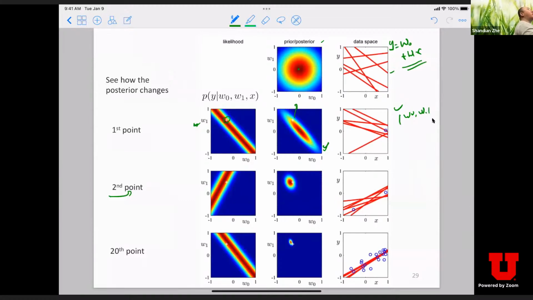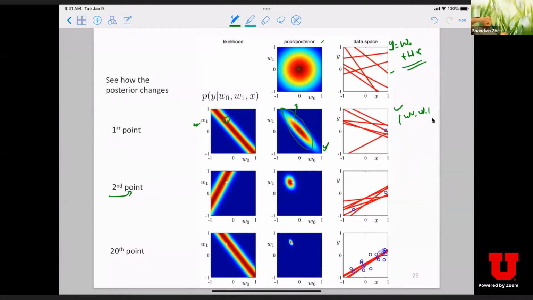The distribution gets even more concentrated. If you look at the high density region, it's shrinking to this small circle, as compared with the first data point, where this region is still much larger.